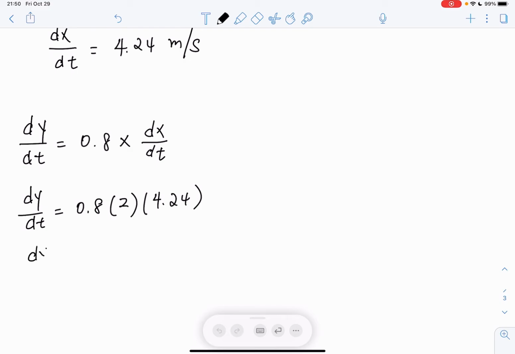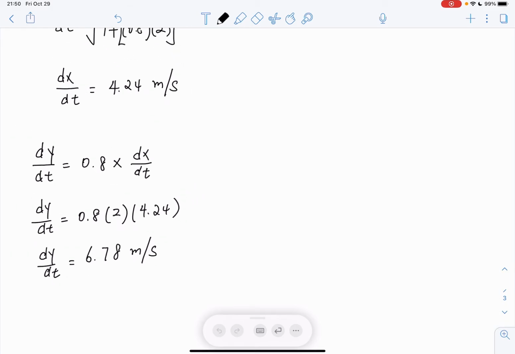We plug it in the calculator and we have 6.78 meter per second. And now this is our answer for the velocity.